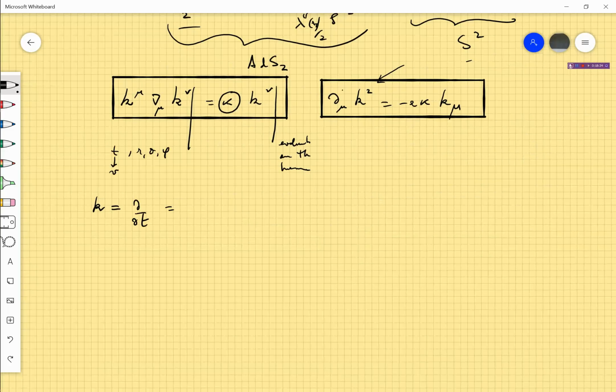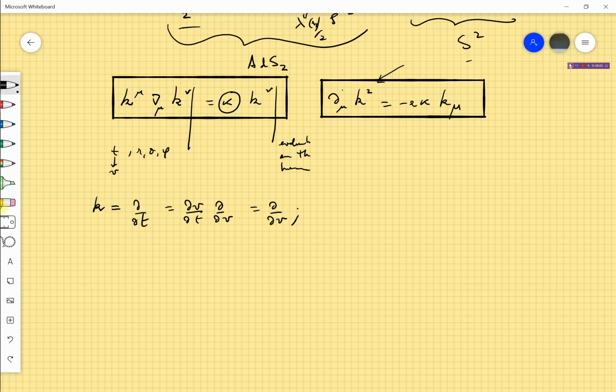Remember, these coordinates are not valid on all branches of the horizon. We know that the horizon is much bigger, that it has 2 branches, but at least you can compute this on one branch of the horizon. Okay. So if you remember that v was t minus r star, then this only depends on v, and you have this, and this is just partial v.